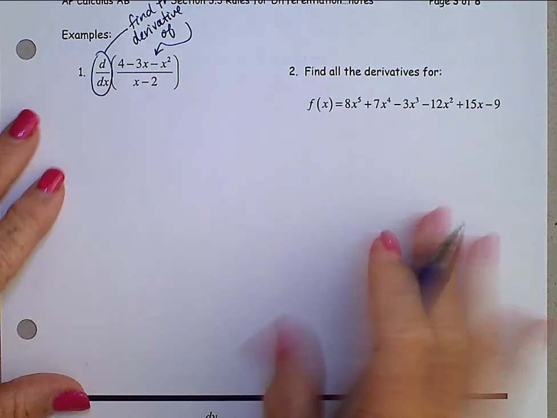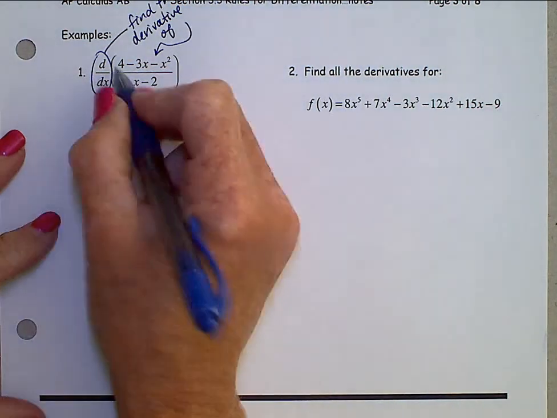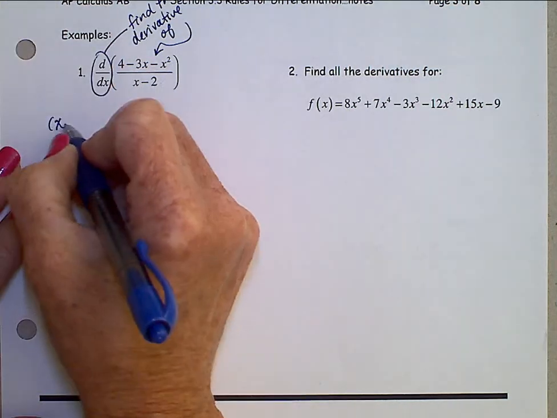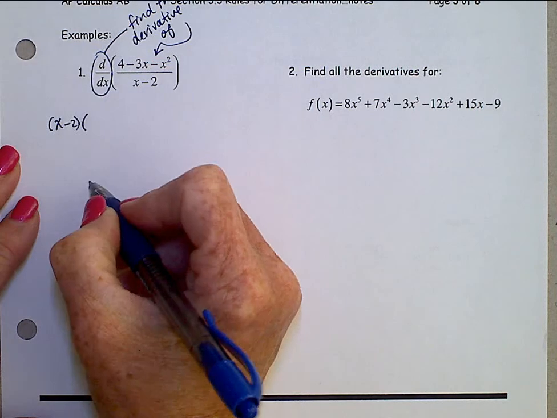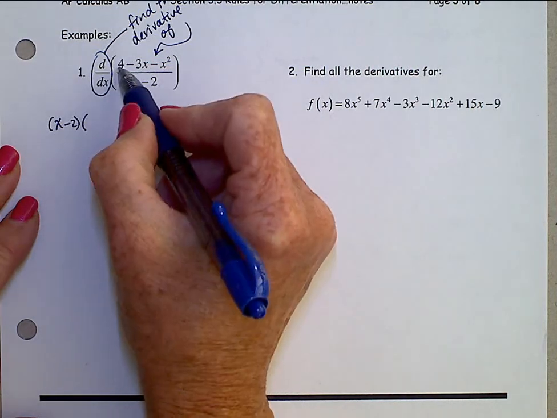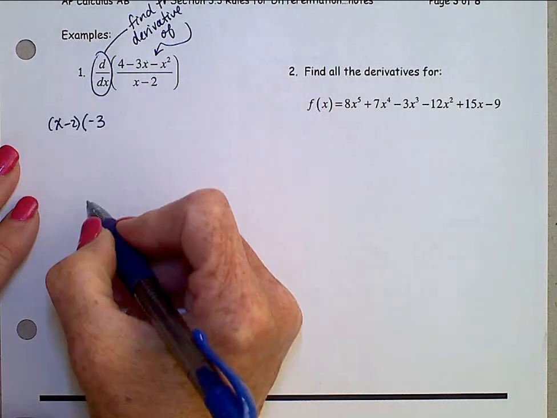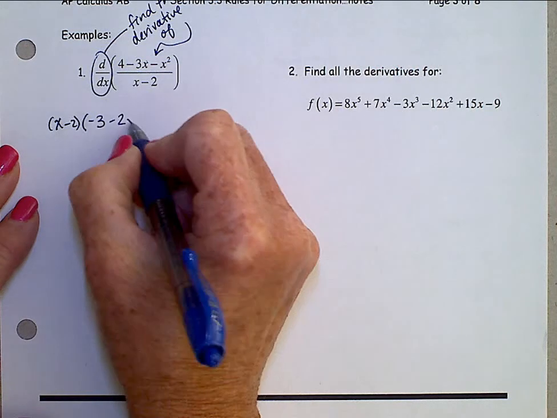So let's see, we got to run through a quotient rule here. Bottom, x minus 2, times the derivative of the top. The derivative of that 4 is gone. The derivative of this negative 3x is a minus 3. And the derivative of a minus x squared is minus 2x.